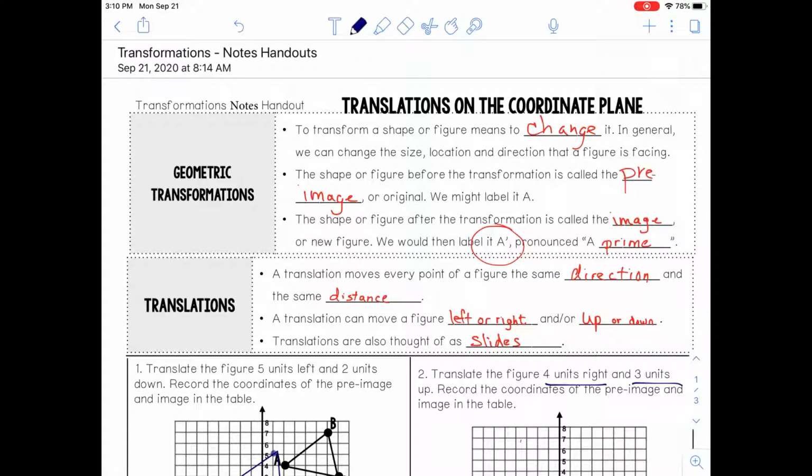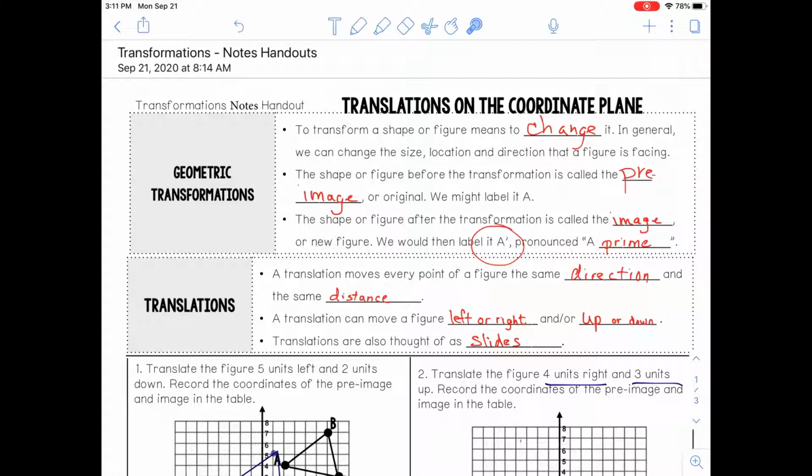I told you that transformations are like the last name, and translations is the first name. So a translation is a transformation, but not every transformation is a translation.